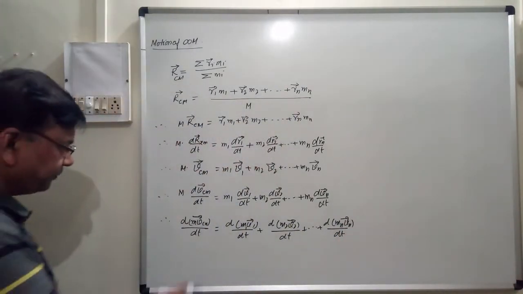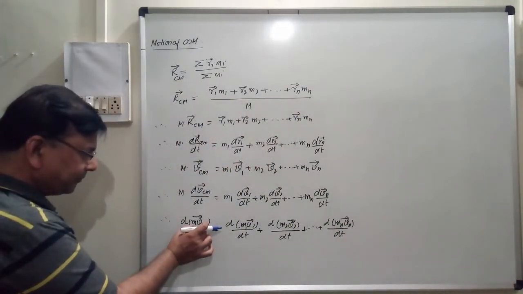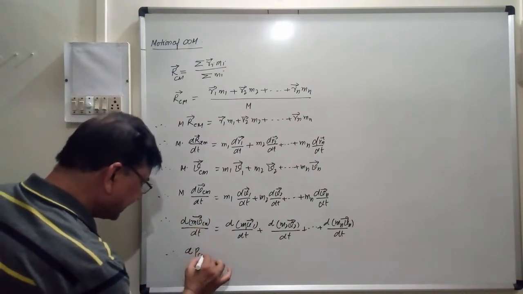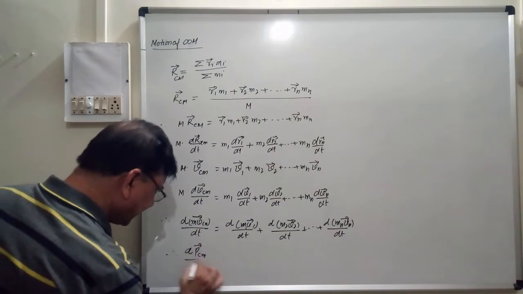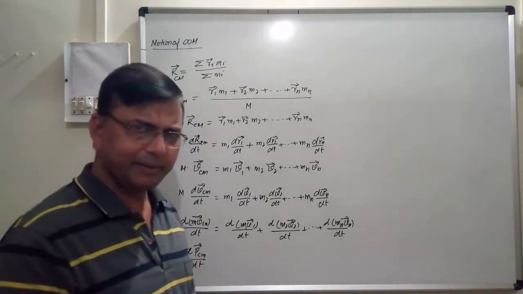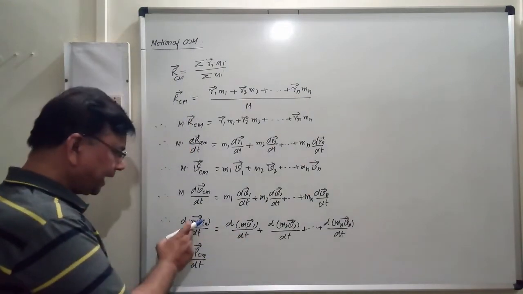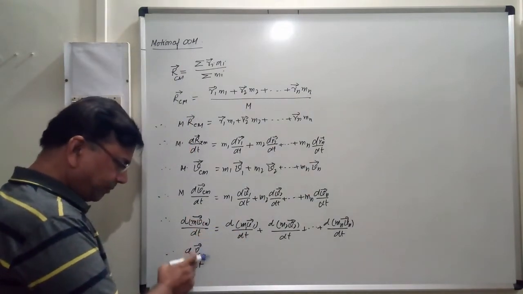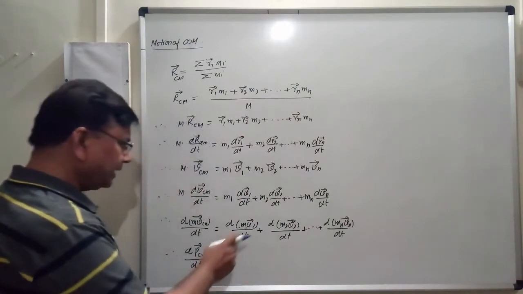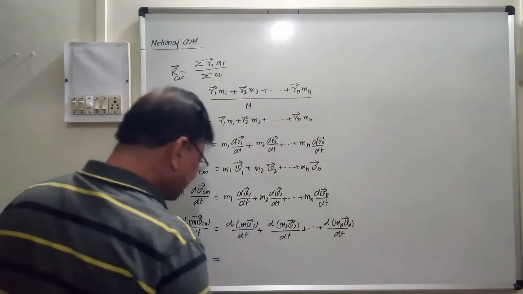What does it mean? That is the momentum, right? Therefore, this is dP center of mass upon dt. Linear momentum is represented by P. P is M Vcm, that is the momentum of the center of mass, and this is the momentum of the first particle.